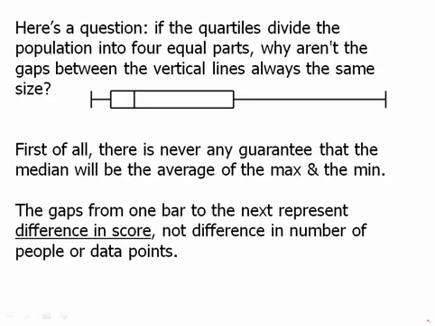More generally, the gaps from one bar to the next represent difference in score, not difference in number of people or points. So from the minimum to Q1, that's a narrow gap because the score difference, from the minimum score to the score at Q1, is a very small difference. 25% of the population is in that very narrow distribution of scores.